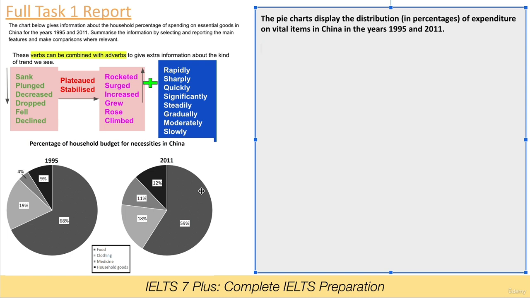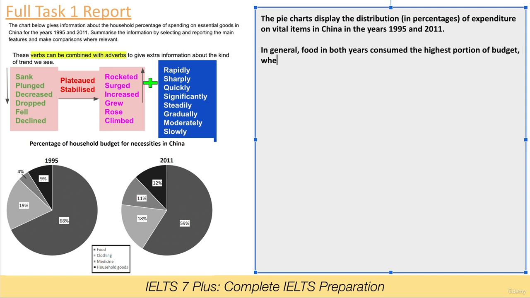Let's go into our overview, our sweeping statement. In general, food in both years consumed the highest portion of budget.